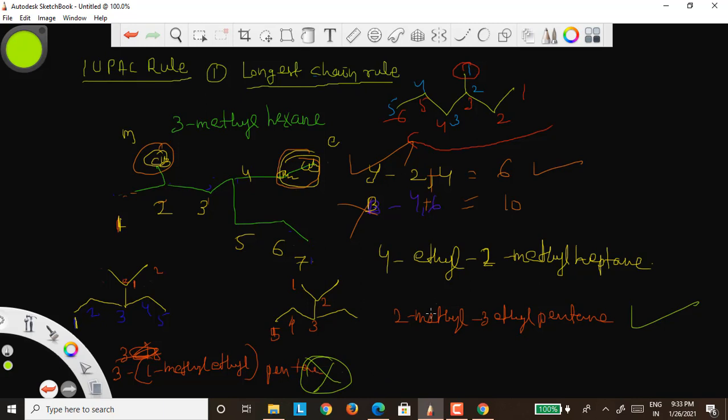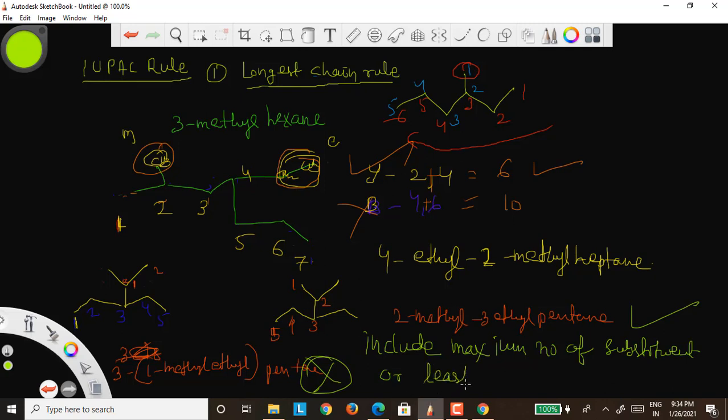Okay, the rule is there, you have to include maximum number of substituents. So you have to take maximum number of substituents. Okay, or least branched side chain.